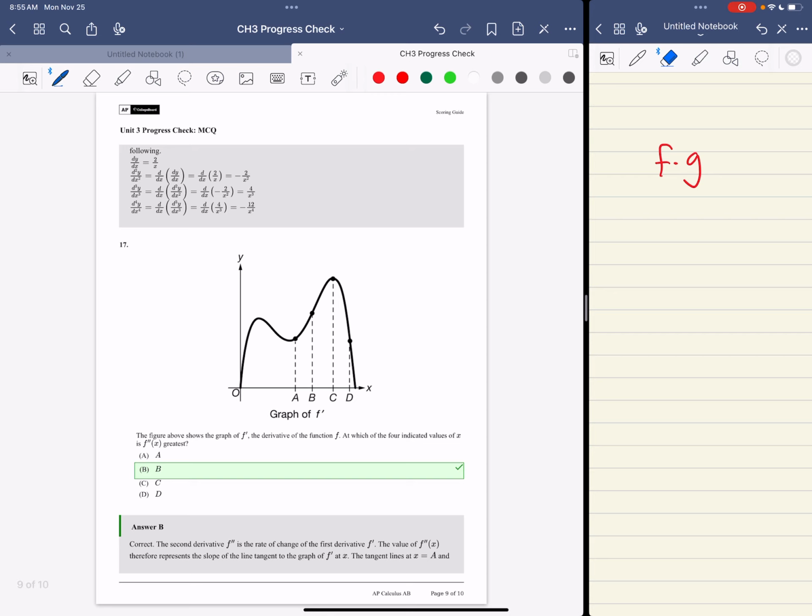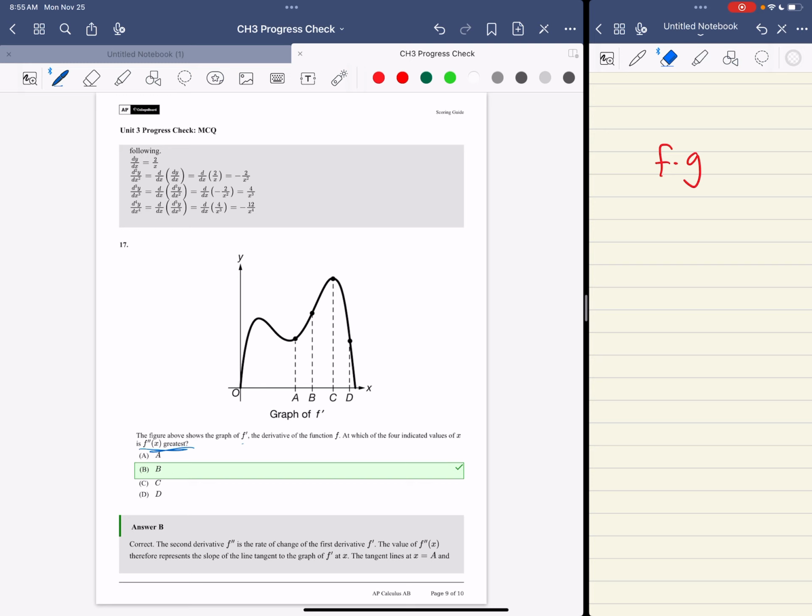Question number 17. The figure above shows f prime, the derivative of the function f. Which of the 4 indicates values of x where f double prime is the largest? So to do this one, you should have concavity. What you gotta know is which one has the highest concavity.